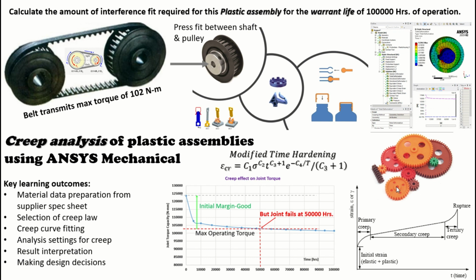For doing this kind of analysis, having the required material data is very important. If we do not have a stress strain curve or creep information for the particular material that we are dealing with, it is almost not possible to carry out this kind of analysis.